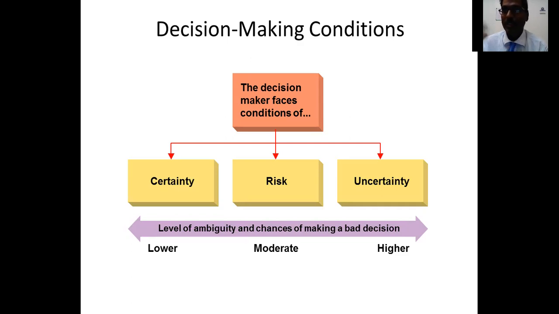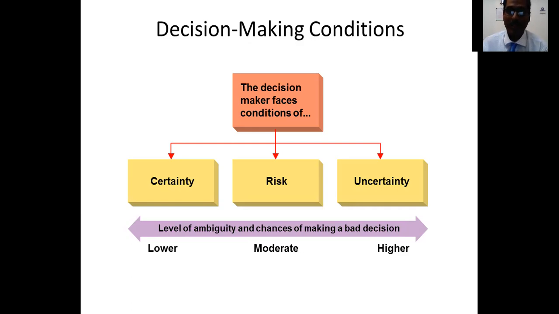If the symptoms are not very clear, if the symptoms are ambiguous, then the diagnosis may not be very accurate. If the diagnosis is not accurate, then he may end up prescribing a wrong medicine or a wrong treatment.